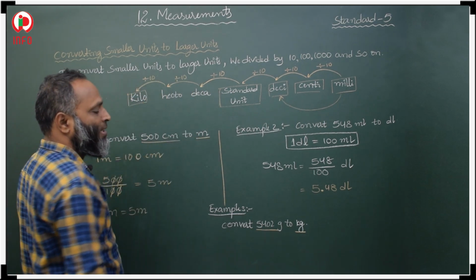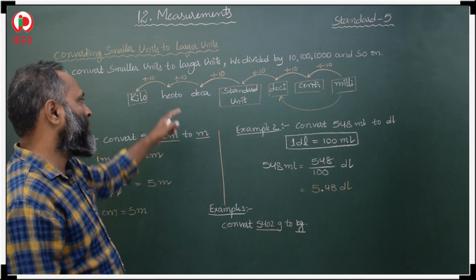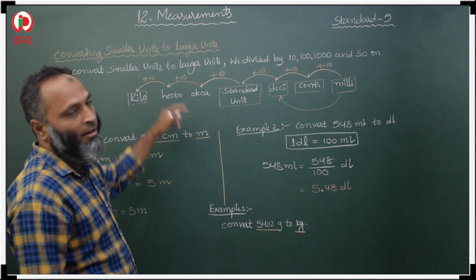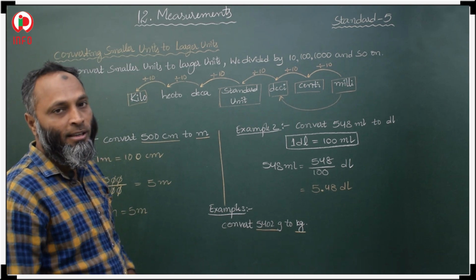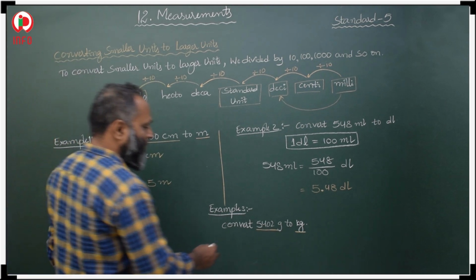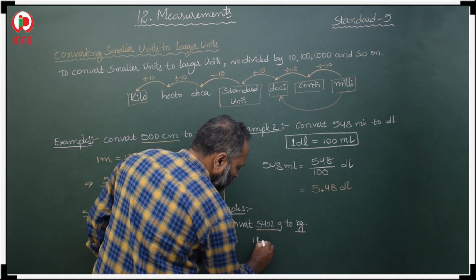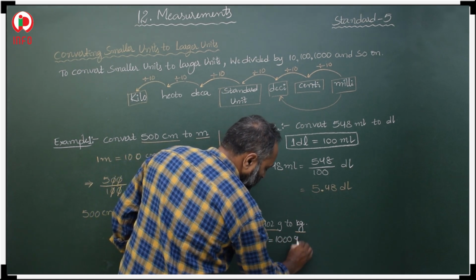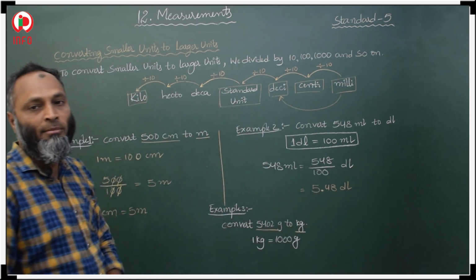That means we should divide by 1000. We know that 1 kg is equal to 1000 grams.